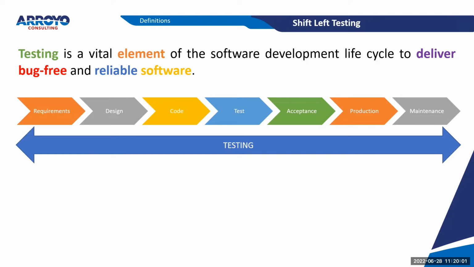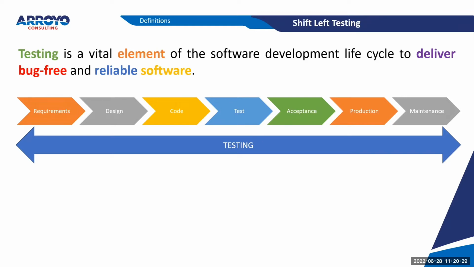We can try for zero bugs, but in this industry that's practically impossible, because there are many scenarios that maybe you haven't covered. So the idea is to reduce the bugs and try to get reliable software.